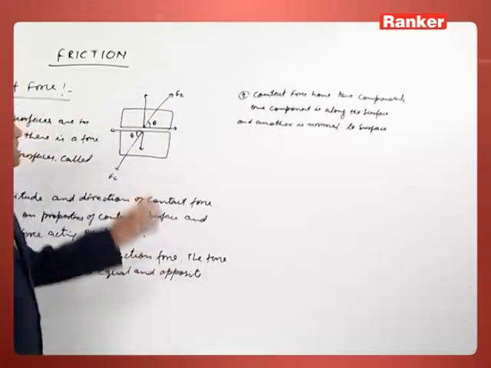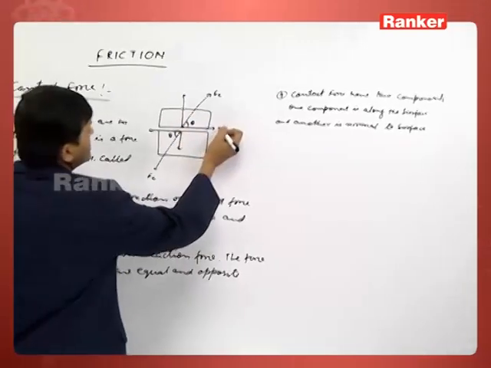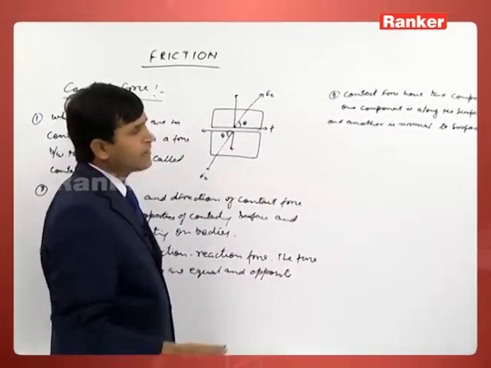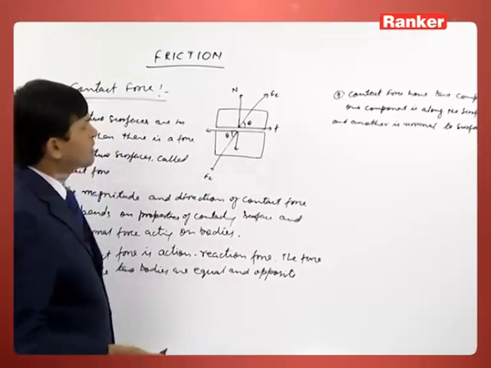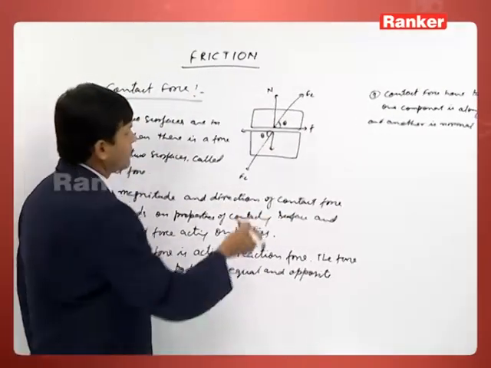The component which is along the surface, normally we represent with F, and the component which is normal to the surface, normally we represent with N.